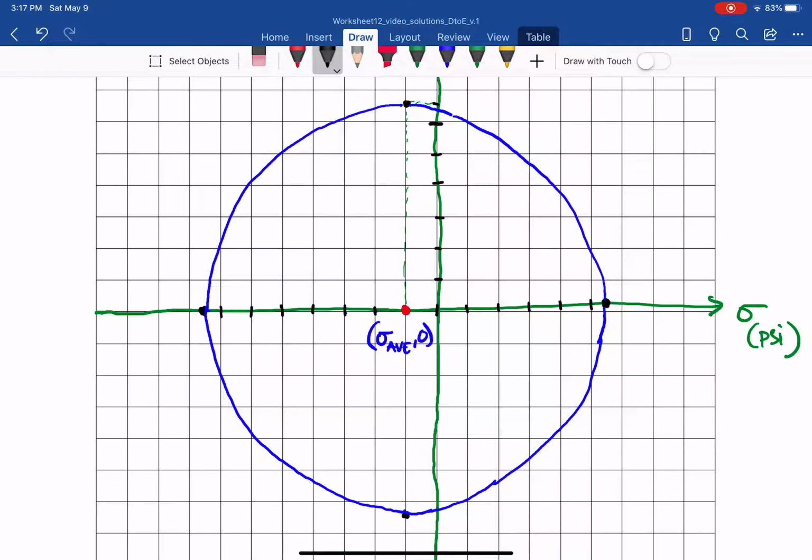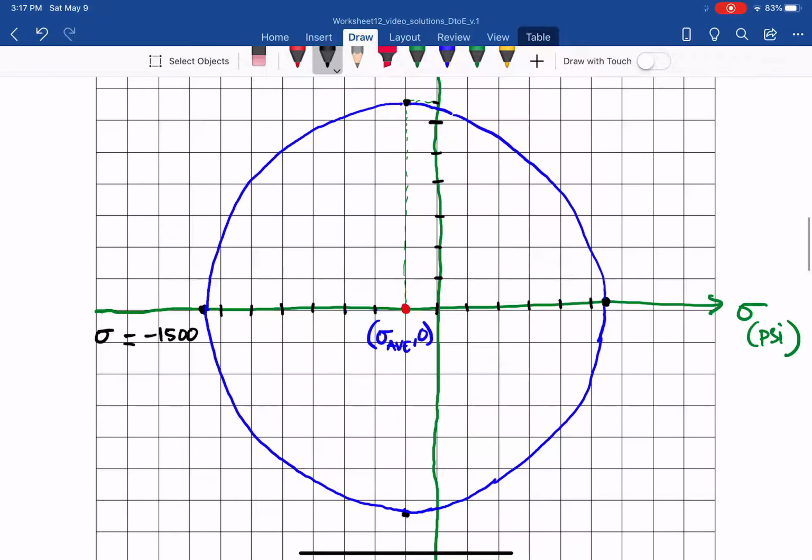Put down the number, and you can see this is 200, and then another 1300. So if that is sigma 2, negative 1500, and as you recall, that is the principal stress sigma 2. And of course, in this portion we have sigma 1. If you recall, sigma 1 is plus 1100 psi.